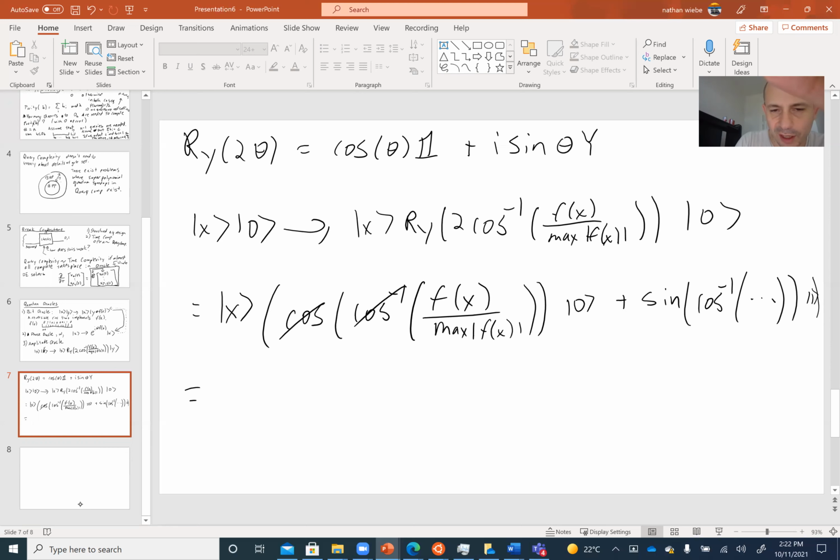Because the cosine and the arc cosine cancel, this is equal to x, f of x divided by max f of x.